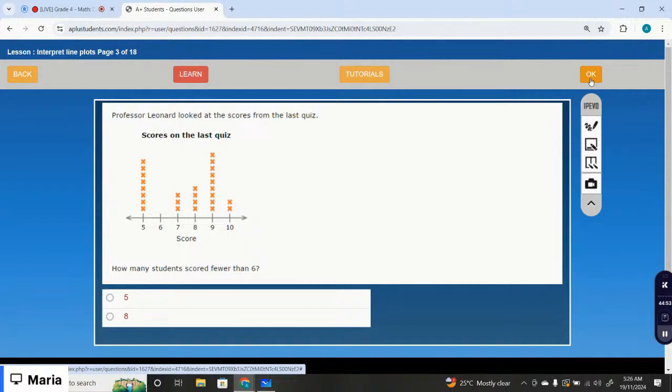Professor Leonard looked at the scores from the last quiz. How many students scored fewer than 6? So, which is the correct option?